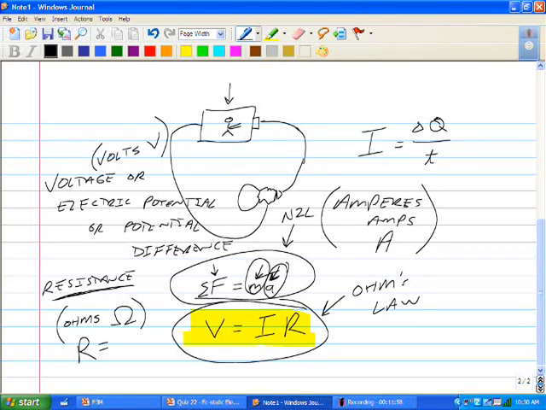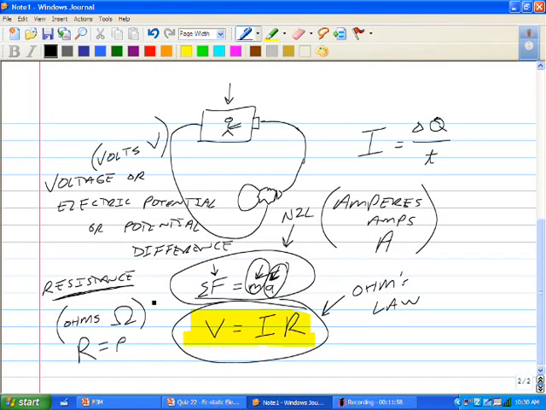Does this wire have any resistance to the movement of electrical charge? Yes. What types of factors affect how much resistance it has? Okay, the material it's made of, right? If it's made up of a conductor, then the resistance is much lower than if it's an insulator, right?